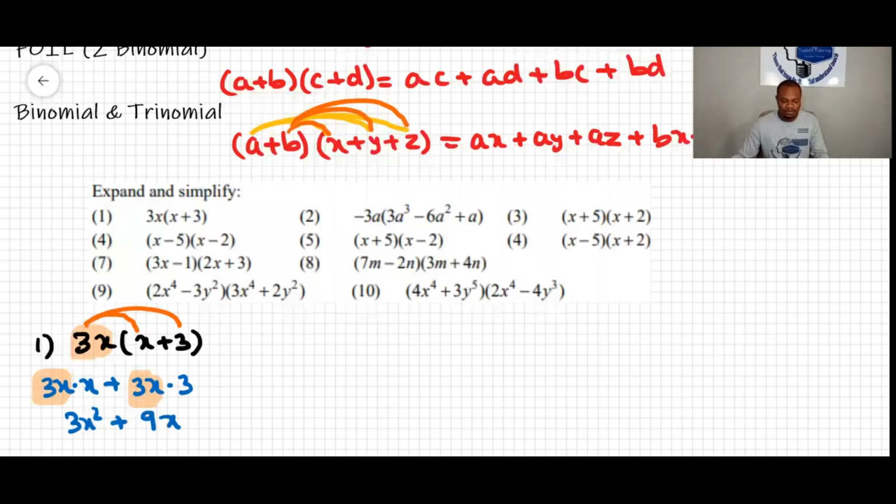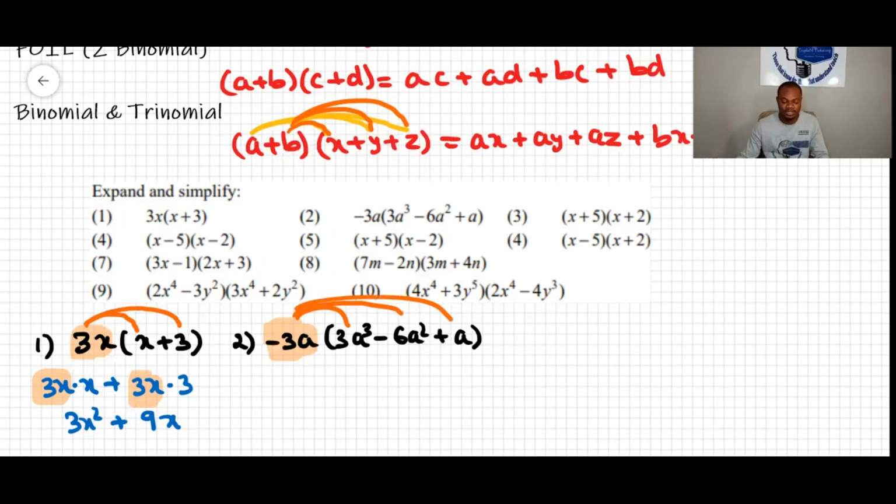Now, number 2 says negative 3a, open bracket, 3a to the power 3 minus 6a squared plus a. Over here we do the same thing. We're going to take the whole negative 3a and multiply it with 3a cubed, with negative 6a to the power of 2, and then with a.